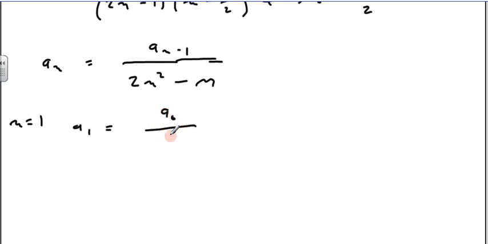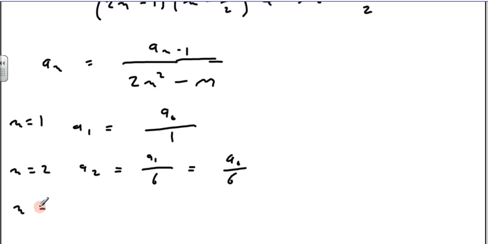Okay, and then I'm going to look at what is, at n is equal to 1, what is a1? Well, a1 is going to be a0 divided by 1. And at n is equal to 2, a2 is equal to a1 over, n is 2, 4, 8, 6, which is going to be a0 over 6.